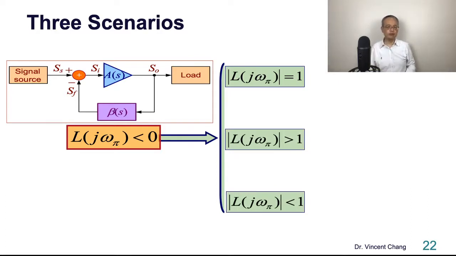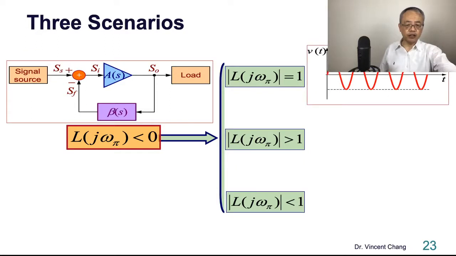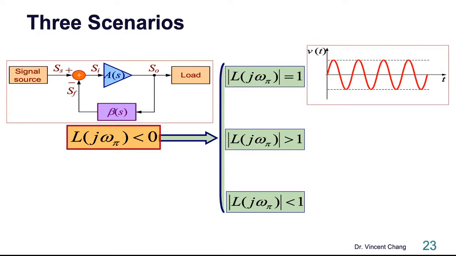If it's 1, what does that mean? It means at this frequency, the circuit becomes an oscillator.